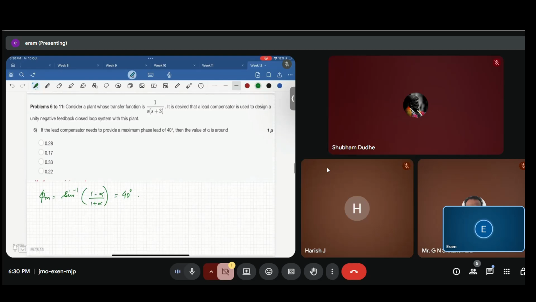Since this is calculated in radian, first I think we need to convert 40 degrees to radian and then calculate alpha. Or we can just calculate sine 40 degree and calculate (1 minus alpha) by (1 plus alpha).